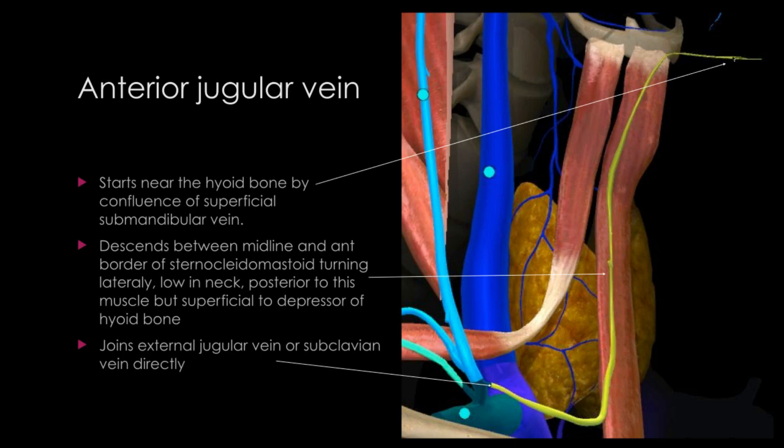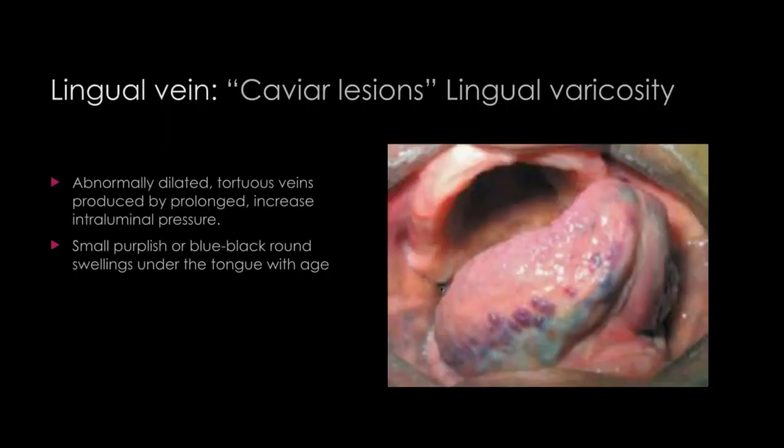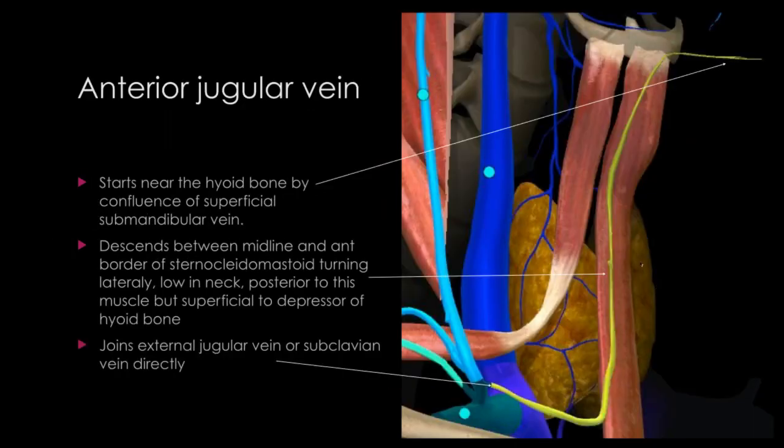So, it starts near the hyoid bone and descends in the midline. These are the strap muscles. So, this is in the midline. So, it descends straight in the midline. We often encounter this vein during the initial steps of thyroidectomies. So, it descends in the midline and then along the anterior border of the sternocleidomastoid in the lower part of the neck.